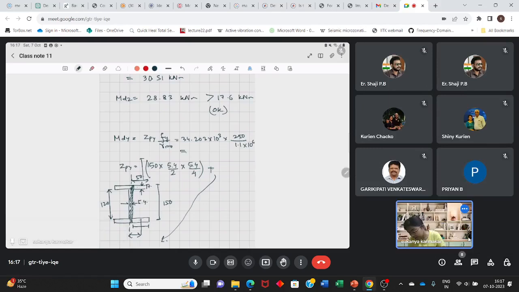This comes out to be 7.7 kilonewton meter.